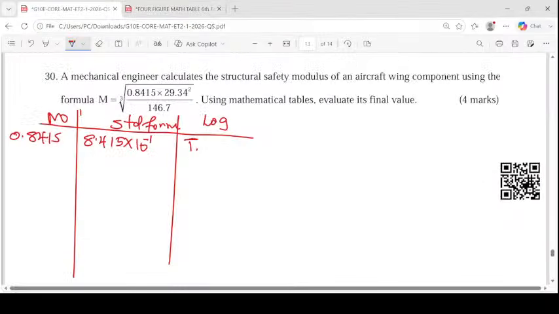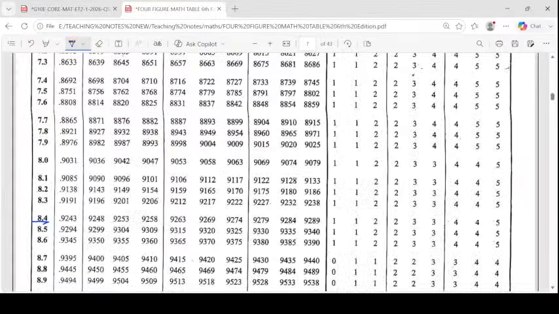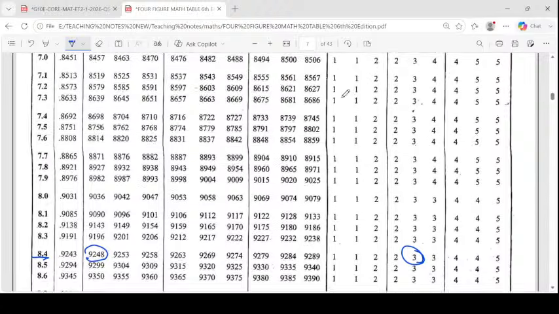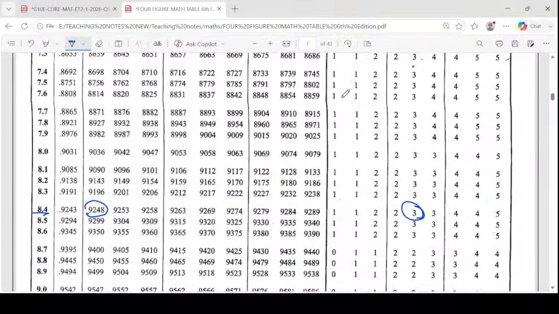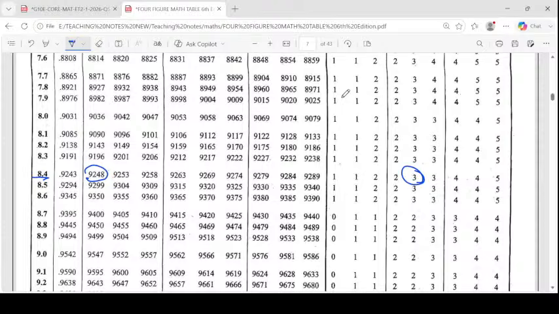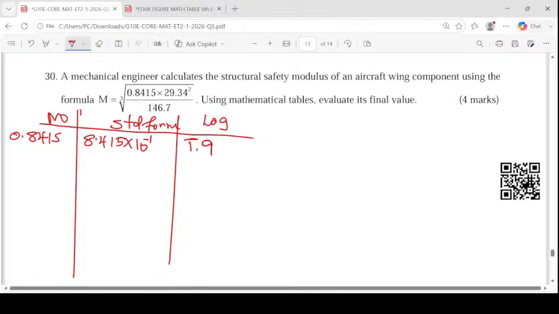Remember, it is 8.415. 8.41 is 9248. Then 5. You add, this is 3. What do we do to that 3? Do we add or subtract? We add the 3. So when you add, that will be 9251. 9251.